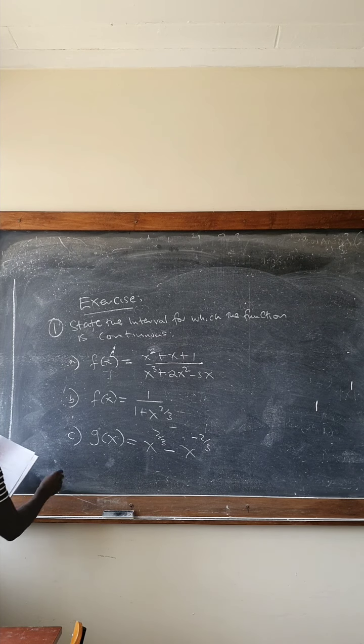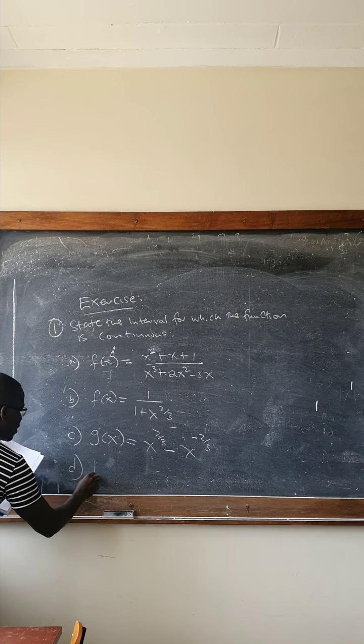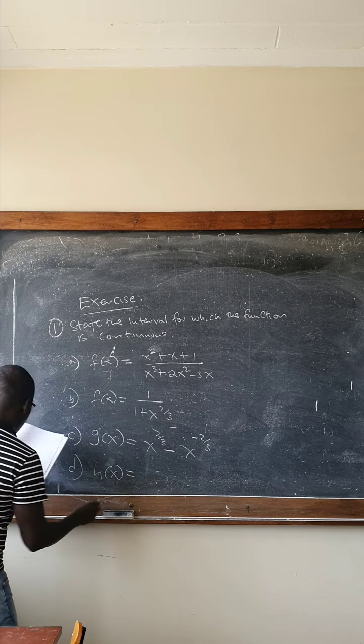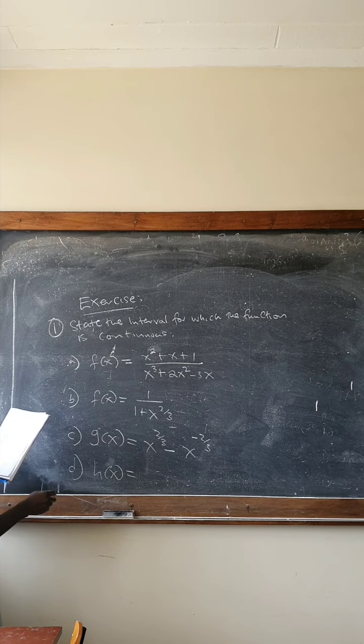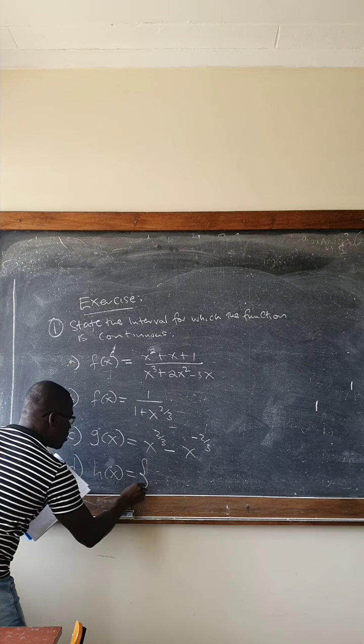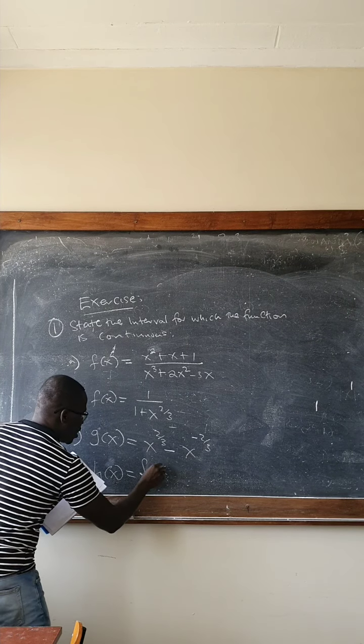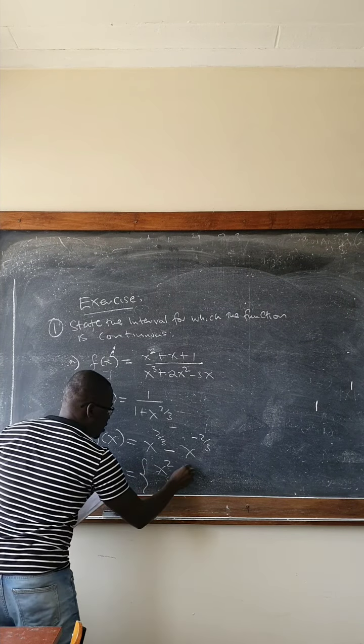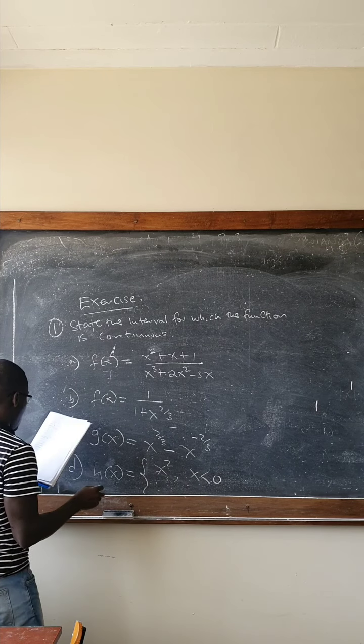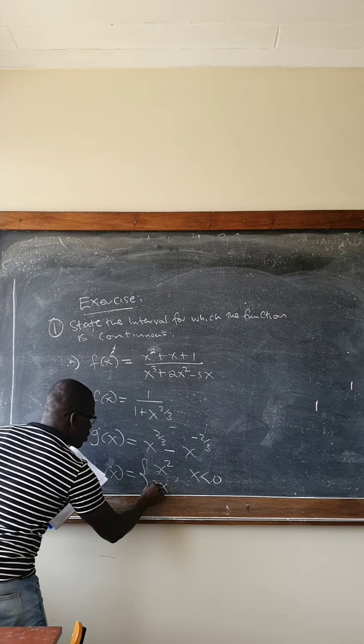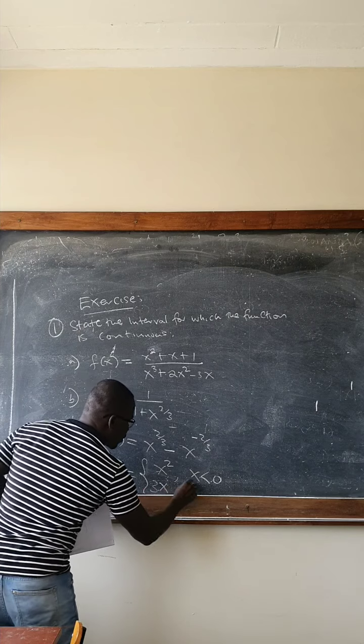And then D, for example, you can have an h of x which is a piecewise defined function, which is x squared for x less than 0, and then 3x for x greater or equal to 0.